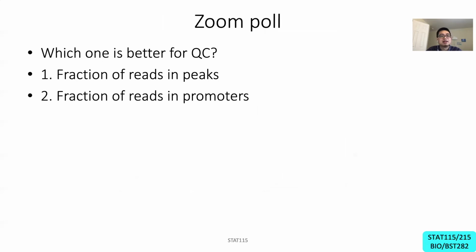Okay, this is another Zoom poll. The question here is, which one is better for quality control for single-cell ATAC-seq? One is fraction of reads in peaks. Second is fraction of reads in promoters. Any answer?